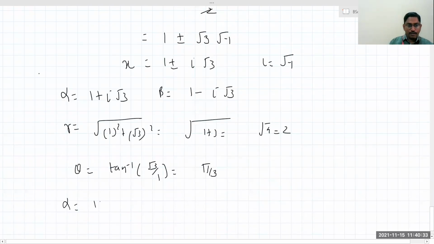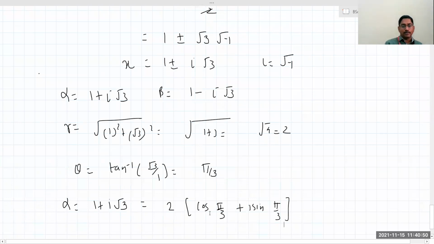So if you write its polar form, alpha is 1 plus i root 3, its polar form is 2 times cos of pi by 3 plus i sin pi by 3. Cos pi by 3 is 1 upon 2 and sin pi by 3 is root 3 upon 2. So 2 will get cancelled and it will be 1 plus i root 3.